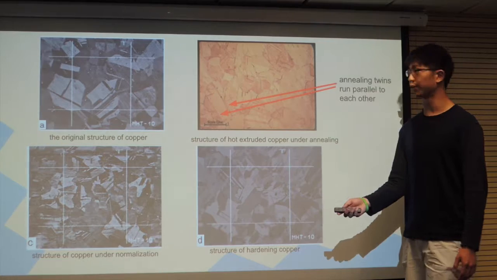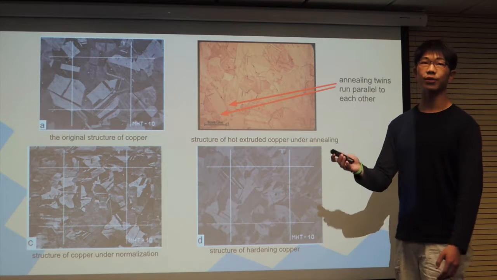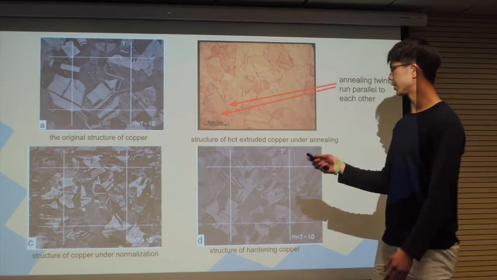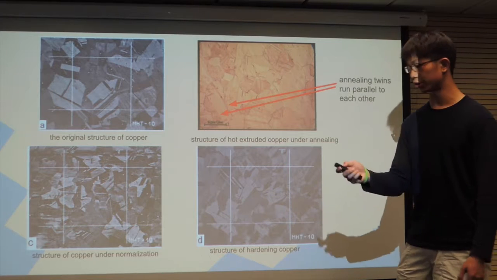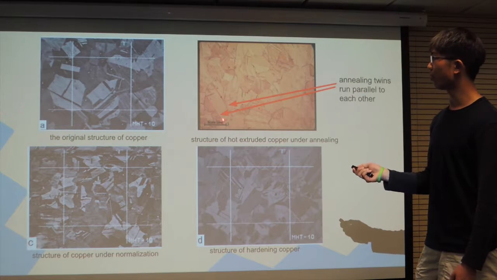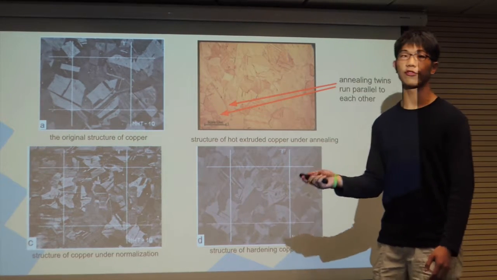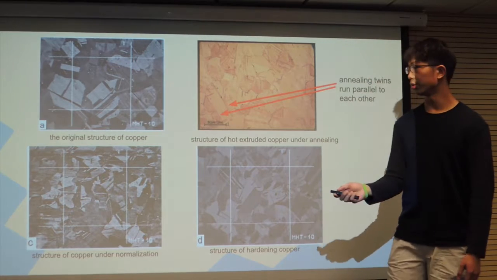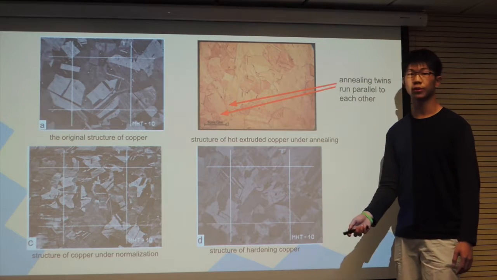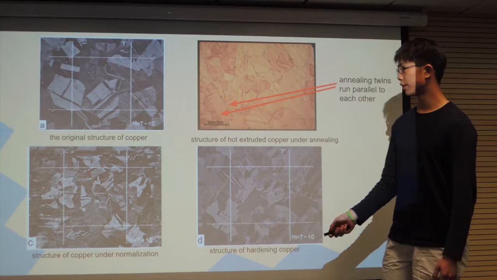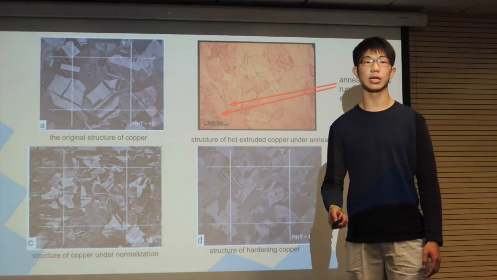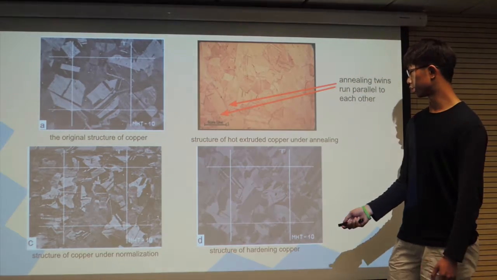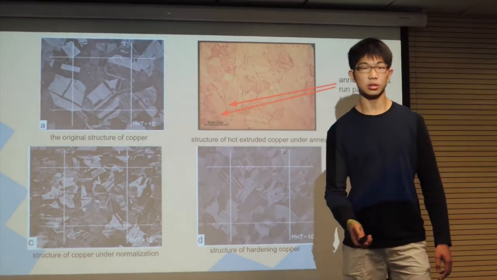And the special feature of it is that it consists of annealing twins. Annealing twins are fragments within the structure, which have parallel lines across each fragment. And on the bottom, the 2 microscopic structures are copper under normalization, and they are also structures of hardening copper.